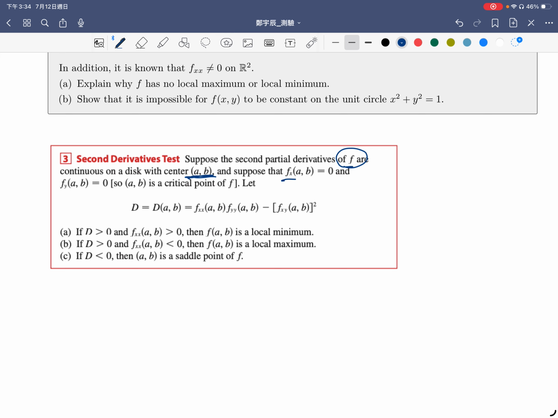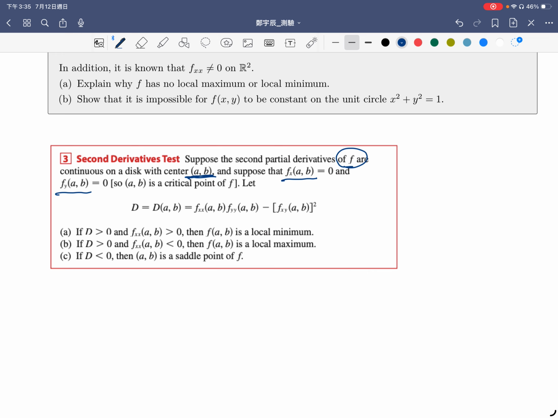Suppose fx at the point (a, b) is 0 and fy at the point (a, b) is 0 as well. So now we're saying that the first derivatives in the two directions x and y are 0.